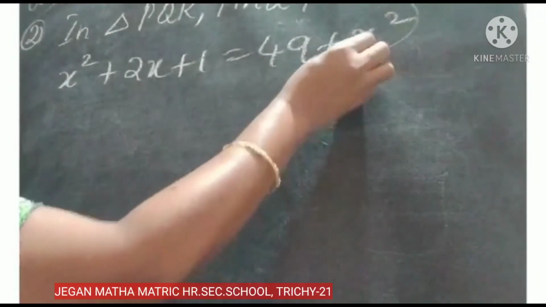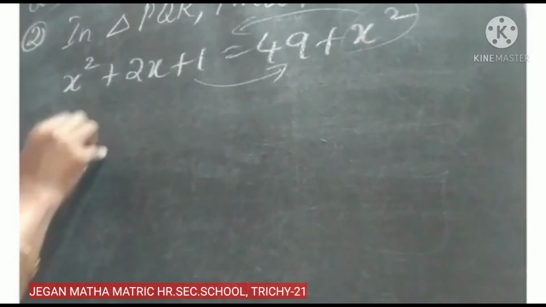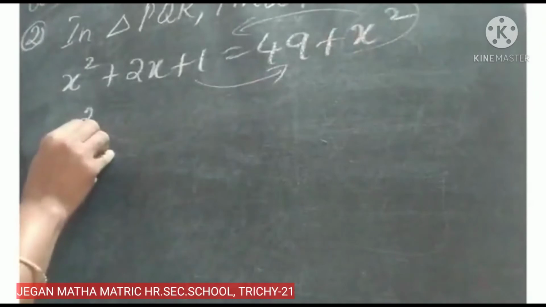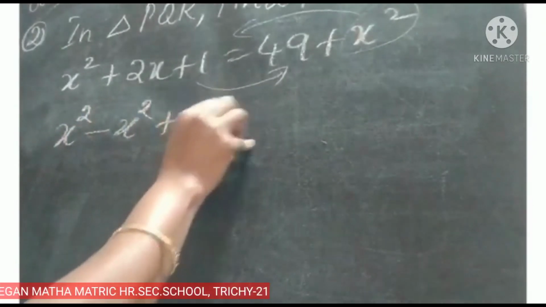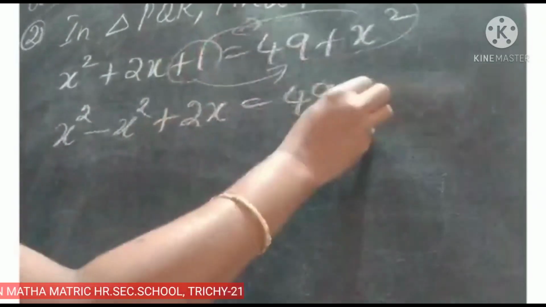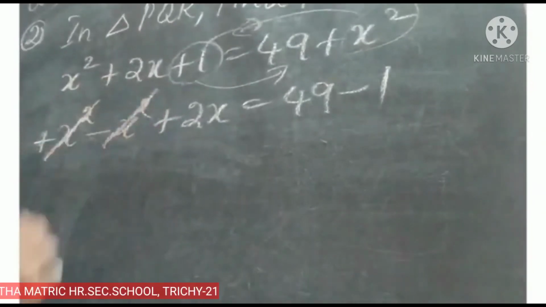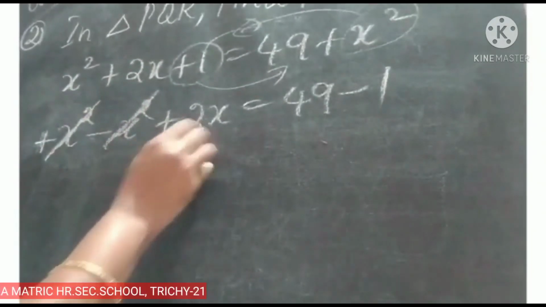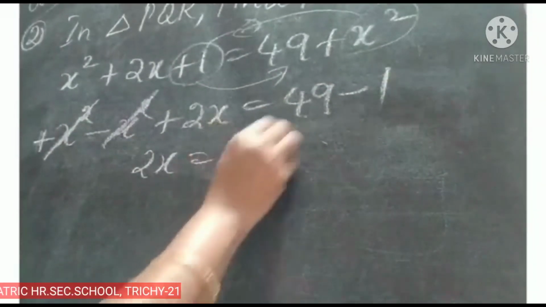So this x square comes to this side, and the numbers go to the other side. Plus x square becomes minus x square, so plus x square and minus x square cancel. Plus 1 goes to this side, that is minus 1. Then 2x equal to 49 minus 1, that is 48.